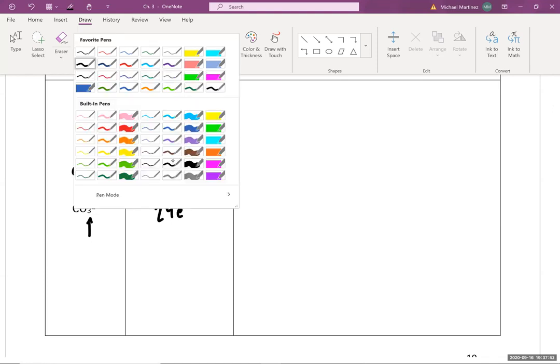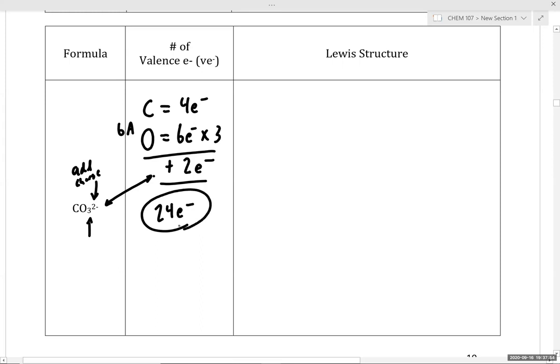So now that we have our electron count, what are we going to put as our central atom? What's our least electronegative atom? Carbon or oxygen? Carbon. Carbon, yep. So then we put carbon in the center and we surround it with our 3 oxygens.